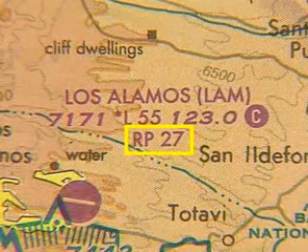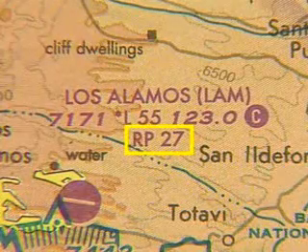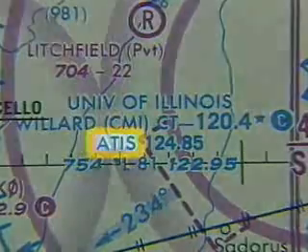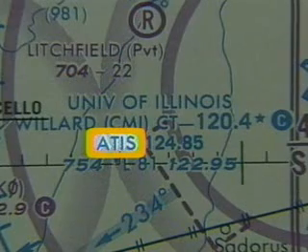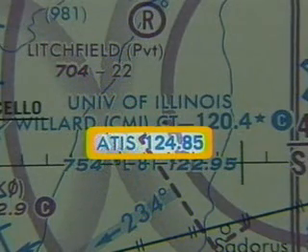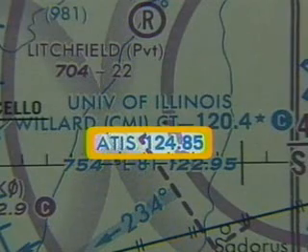The RP27 symbol is used to specify a right-hand traffic pattern for runway 27. ATIS stands for Automatic Terminal Information Service, which is broadcast on a VHF frequency of 124.85. This pre-recorded message will give you vital information on airport conditions.